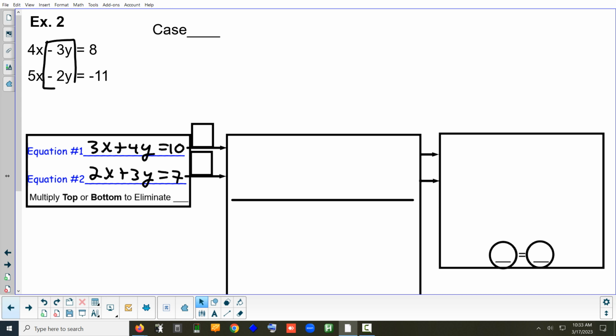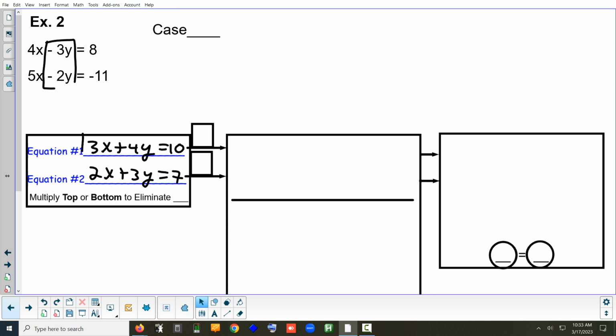Okay. Any single variables by themselves? Any single variables in that one? No. So that eliminates situation 1, 2, 3 right away.